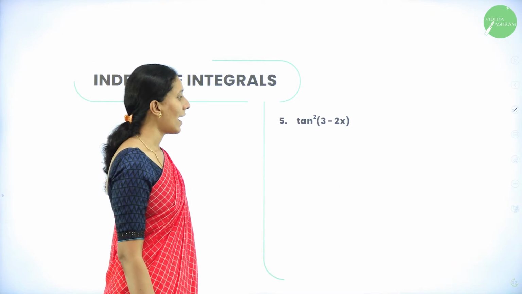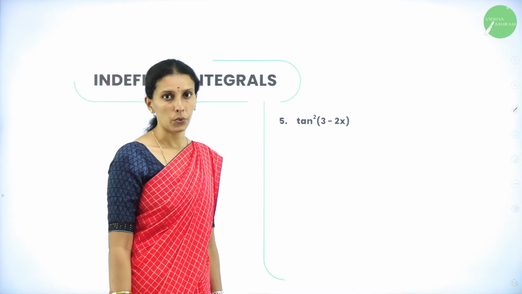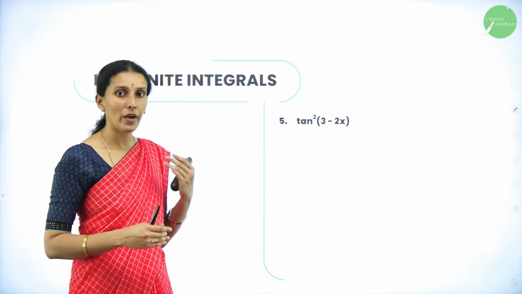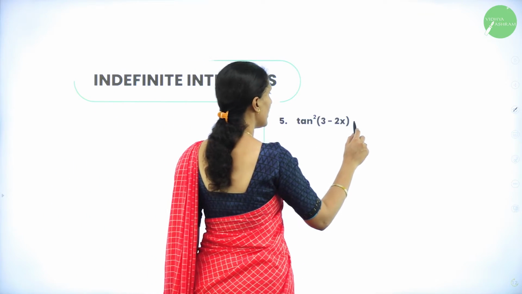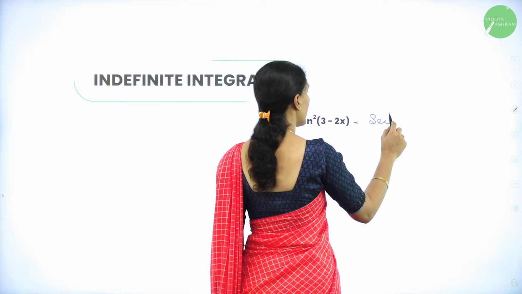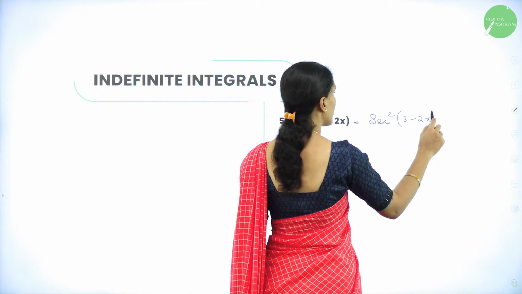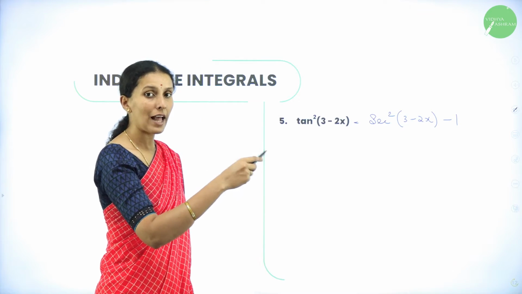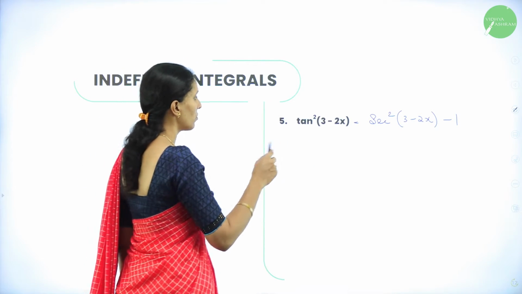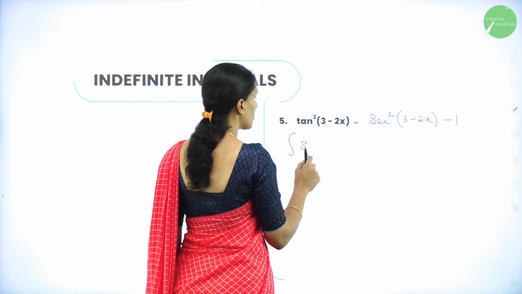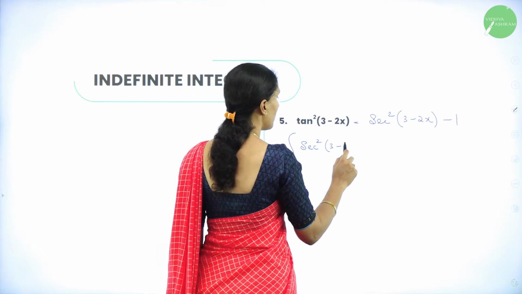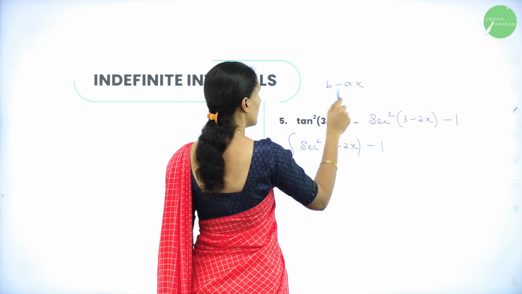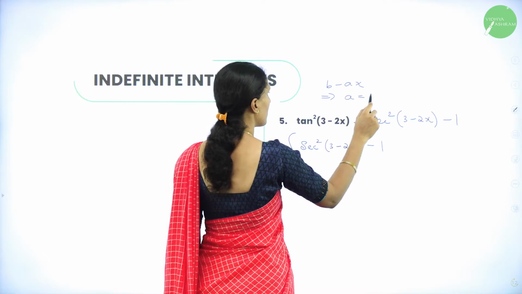Next question, tan square 3 minus 2x. So we know that tan square can be written as secant square minus 1. So let's convert this. This can be written as secant square 3 minus 2x minus 1. Now this is in the form of b minus ax, so the value of a is minus 2 here.